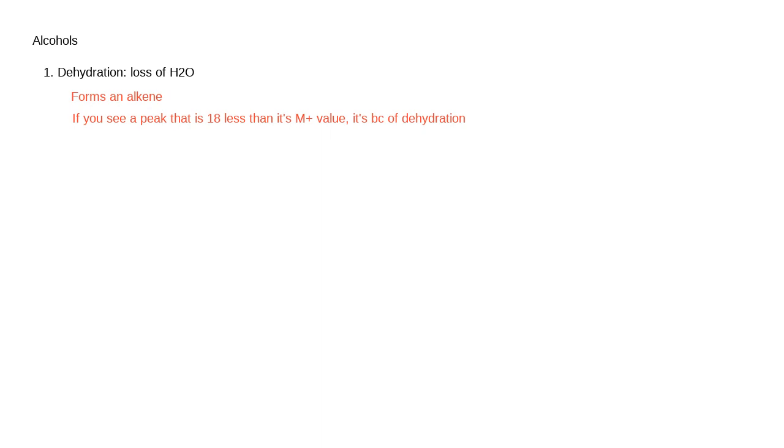So let me give you an example of what that looks like. Okay, so we have this example. Don't forget to put your brackets, plus radical, and let's say the mass spec, or m/z, is 74.